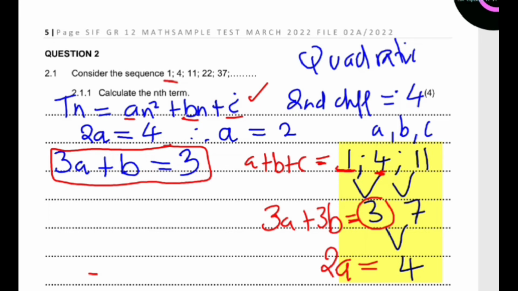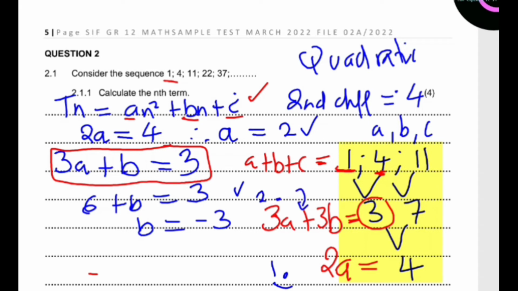So from here we can now easily get what b is, because we know that a is equal to 2. So 3 times 2 is 6. 6 plus b equals 3. So b is now minus 3. So I've got a equals 2, b equals minus 3. The last step, so this was my first step, that was my second step. Now the third step is to do a plus b plus c equals 1.